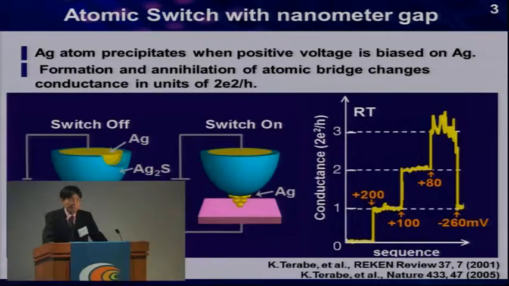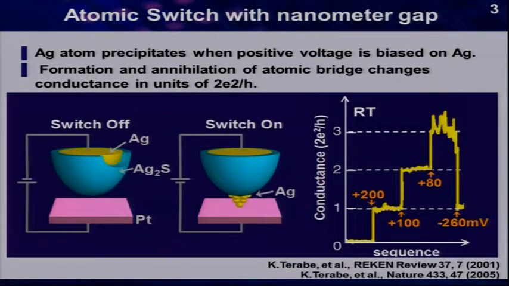The atom switch was developed by Dr. Terabe at the National Institute for Materials Science in Japan. The atom switch has a very small nanometer gap. This is the silver electrode coated with silver sulfide, which is separated from the platinum electrode by a very small gap here.